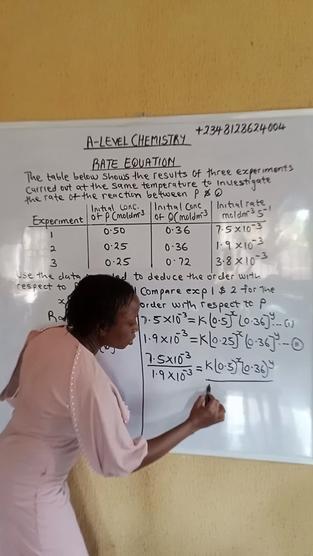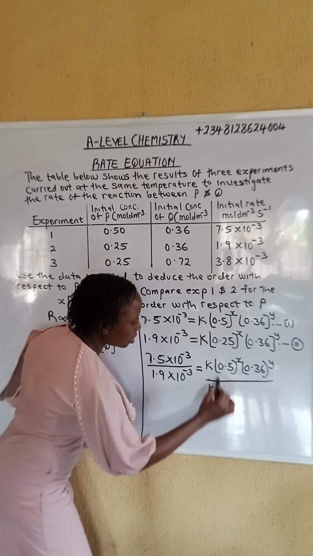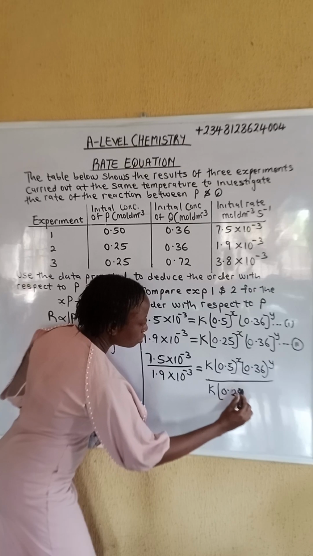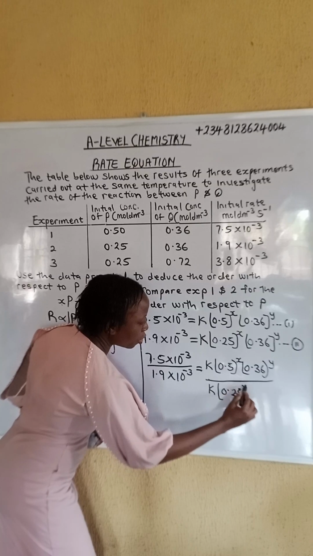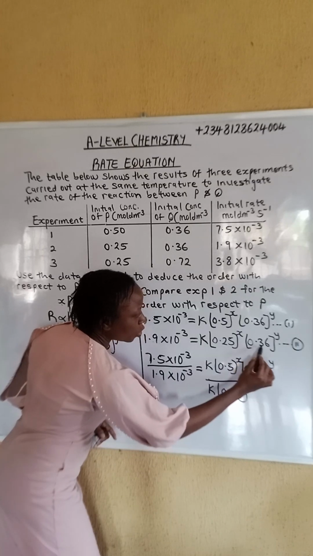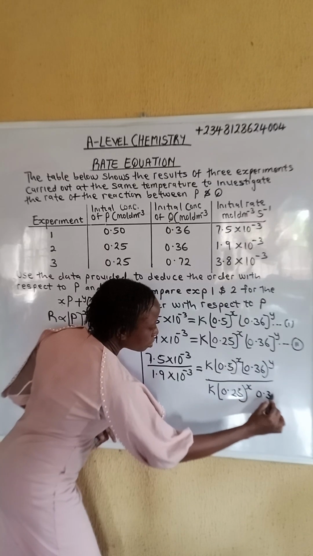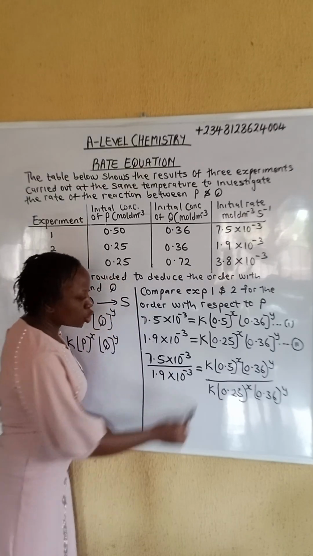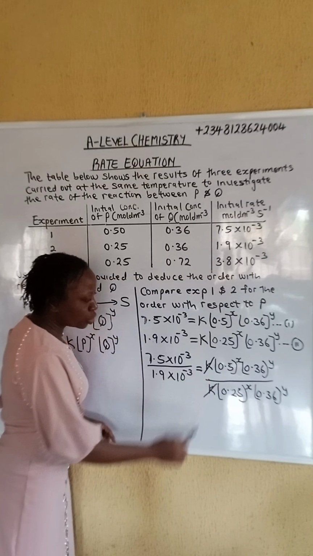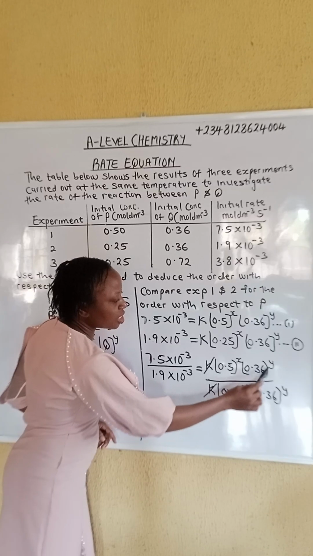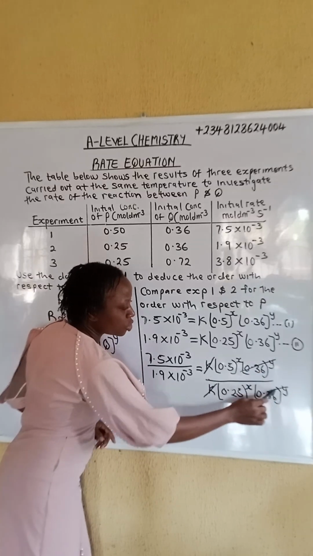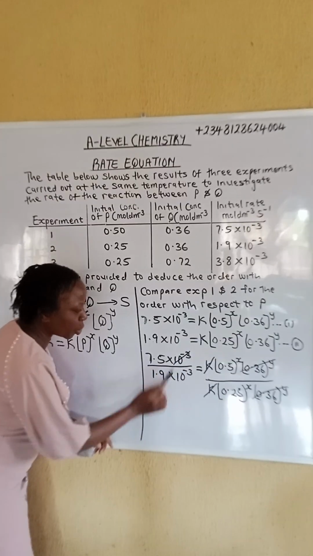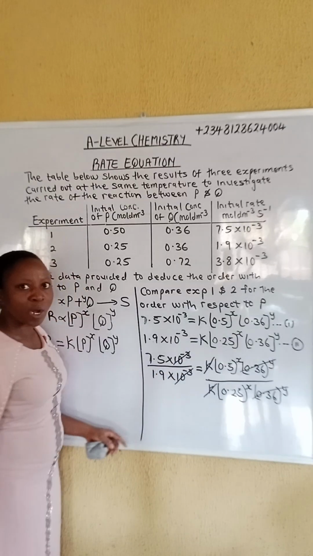Then divided by what we have in equation 2, divided by K into bracket 0.25 to the power of X, then 0.36 to the power of Y. So K cancels K, and 0.36 to the power of Y cancels 0.36 to the power of Y. So 10 raised to power minus 3 cancels 10 raised to power minus 3.